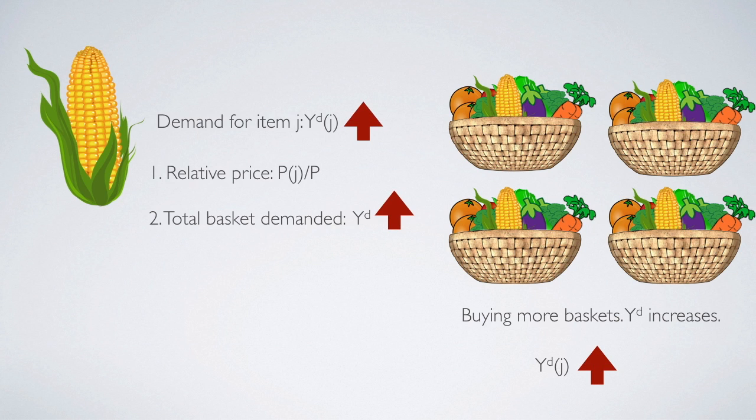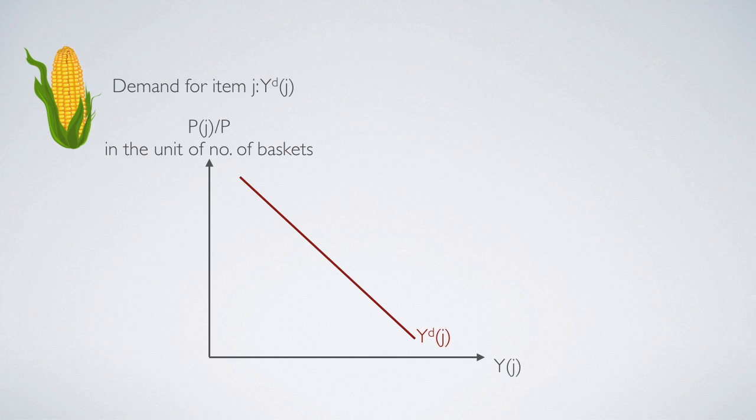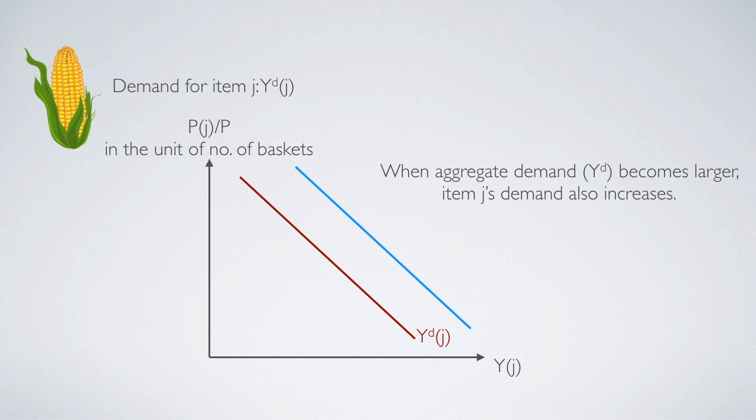So the second factor: when the total basket demanded increases, the demand for each item J will increase as well. On the graph, when the aggregate demand YD increases, the demand curve for item J will move to the right, which reflects what we just said. When aggregate demand YD becomes larger, item J's demand would also increase.